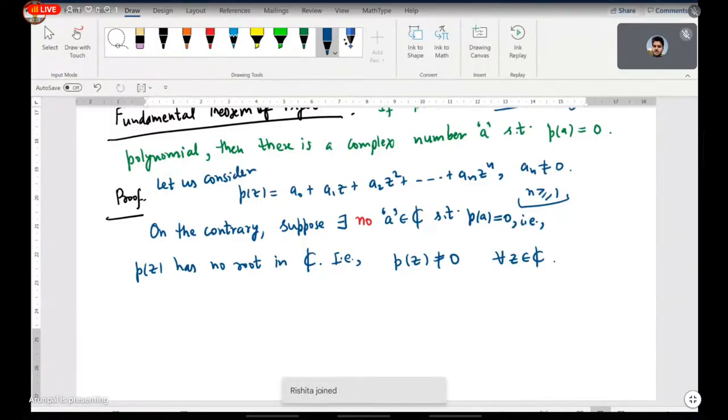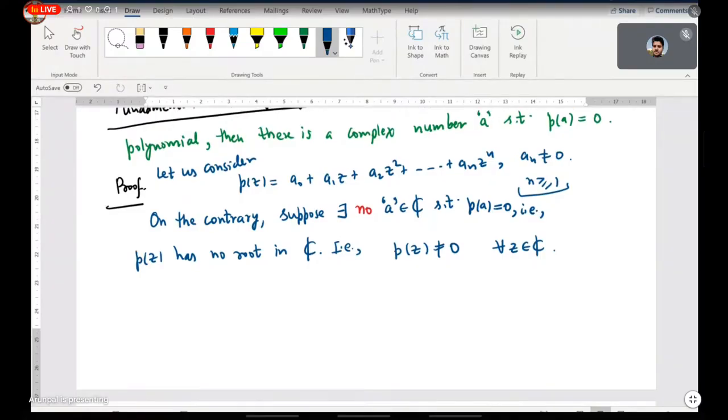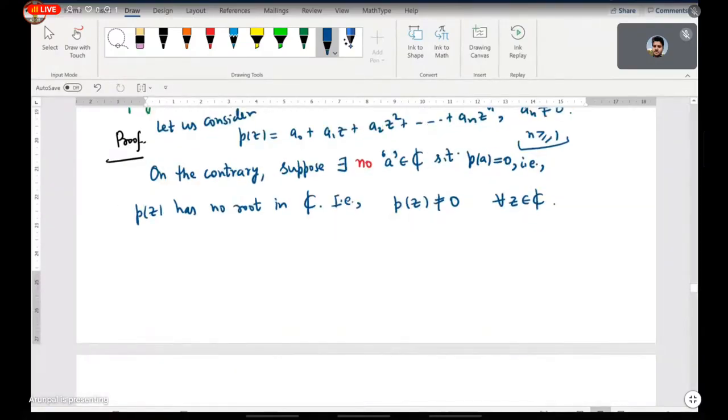Class, now you are in semester 1 M.Sc. You must be getting an idea that whenever you claim or project something to be non-zero, it means you are somewhere going to make use of that in the denominator. Very good, right? So let us consider a function f(z) defined like this. Then clearly, class, since P(z) is analytic in C, yes or no?